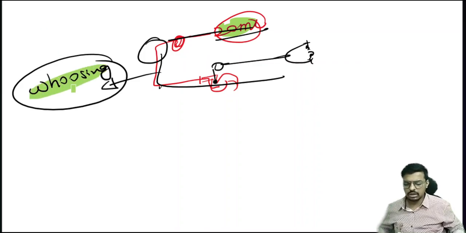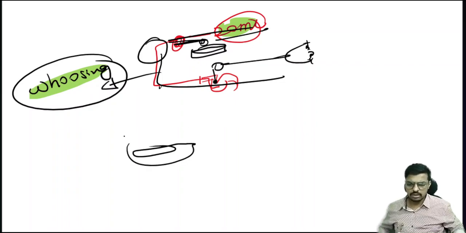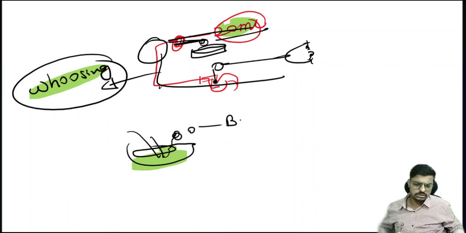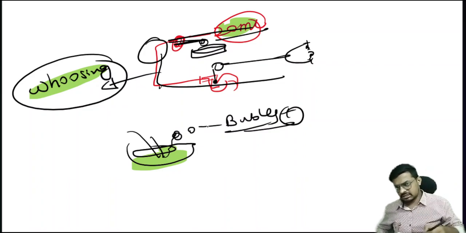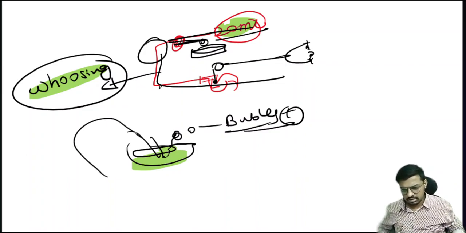Then another one is the bubble technique, which means the end of the NG tube we have to keep in a bowl with water. Inside the bowl we keep the water, and the tip of the NG tube we insert inside this bowl with water. If bubbles are present, it means the NG tube is in the lungs, because the lungs are sending air, so the bubbles are generating.